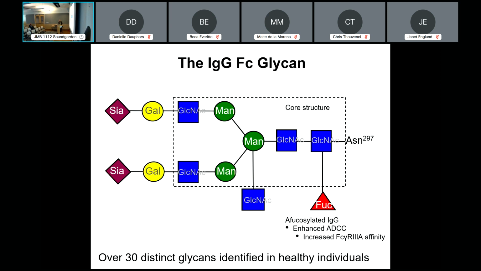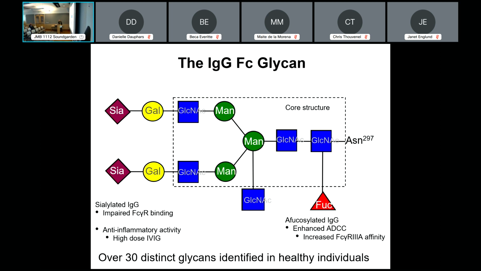So for example, antibodies that lack fucose gain a 50-fold increase in affinity to Fc gamma R3A. And this is the Fc receptor that mediates antibody-dependent cytotoxicity. So basically, afucosylated antibodies are much better killers in vivo than fucosylated antibodies. And so a lot of next-generation therapeutics are being developed to lack fucose so they can be more potent in vivo.